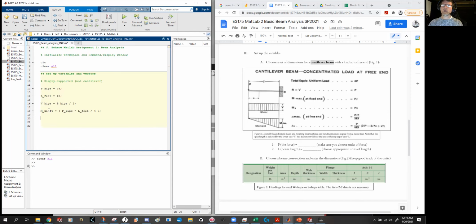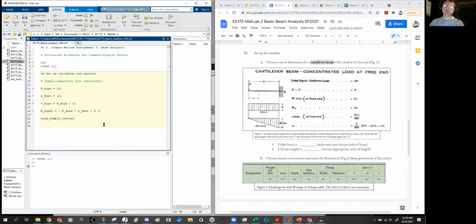Okay. Now that I've got each of these things, I'm going to create my loading vector. So load simple central. Okay, yours is not going to be simply supported, and it's not going to be centrally located.